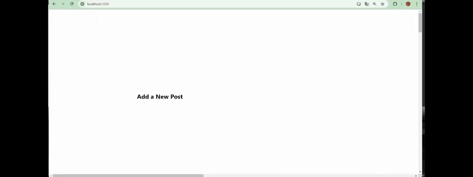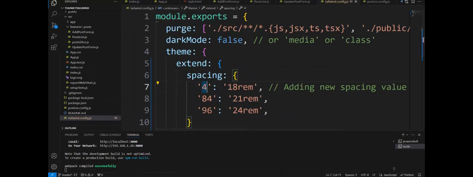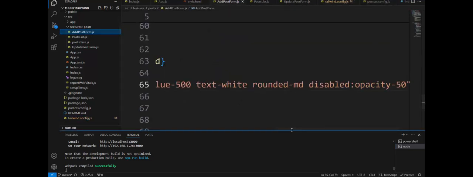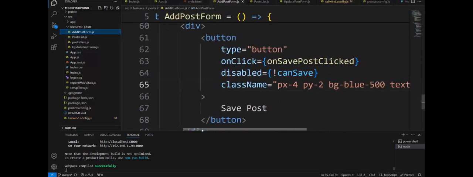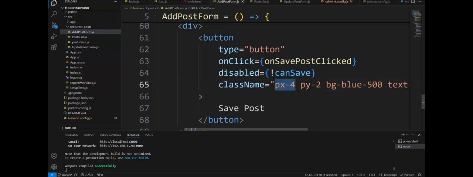Look at now spacing, but look at where we have add post form. Add post form. You look at padding by horizontal, by x axis, and it is 4, and padding by y, vertical, is 2.